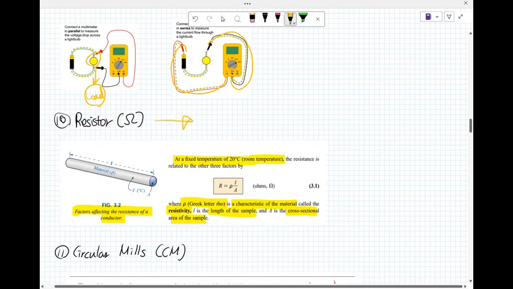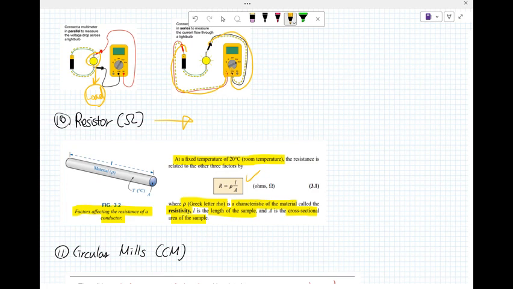Resistance, okay? The formula is R equals rho multiplied by L over A. A is the cross-sectional area, especially in circular mils. L is the length of the sample.